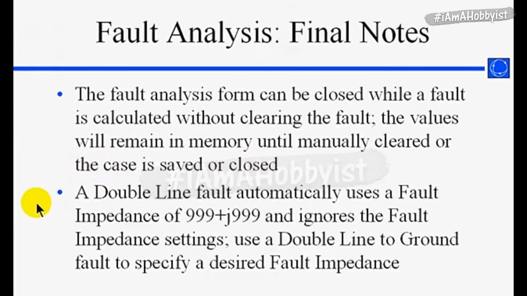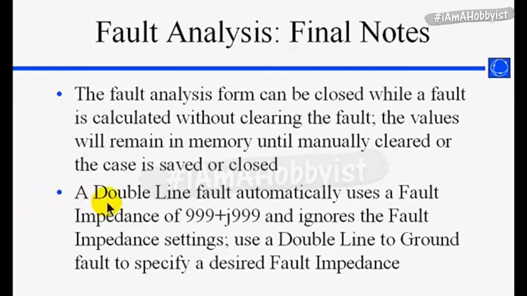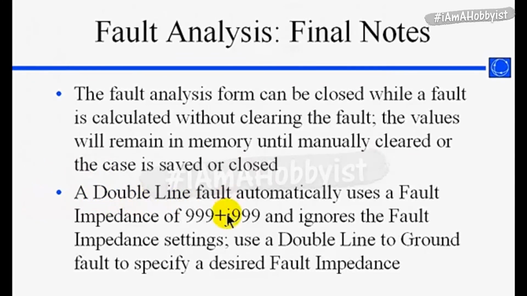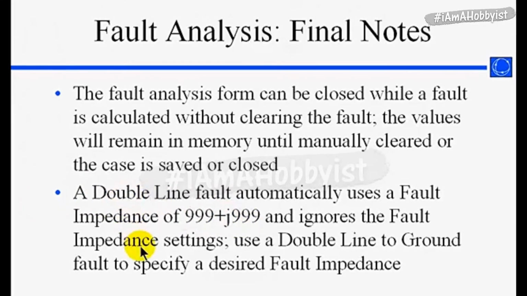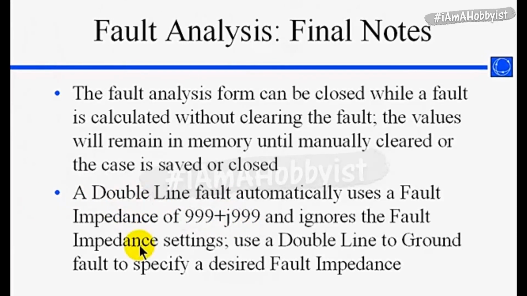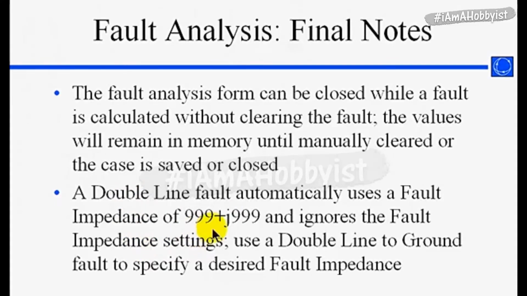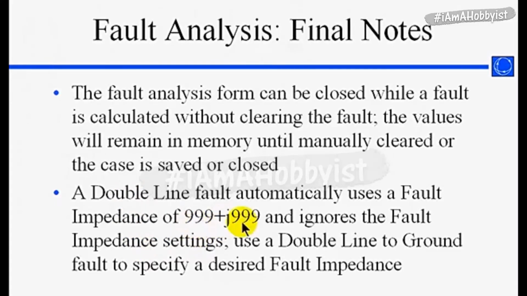Also, a clarification on the fault impedance for a double line fault. This type of fault ignores the fault impedance settings that you set on the Fault Options tab and instead internally uses an impedance as shown here.